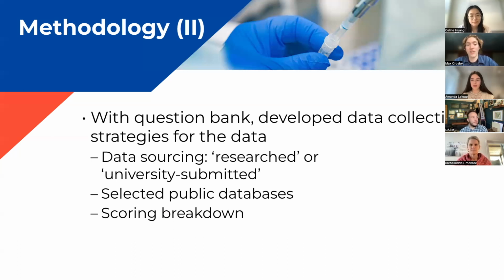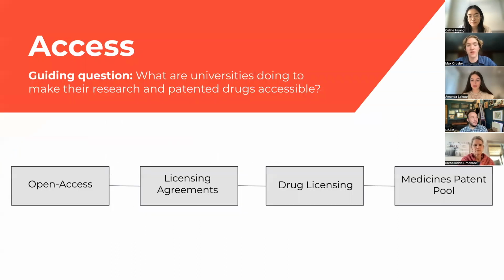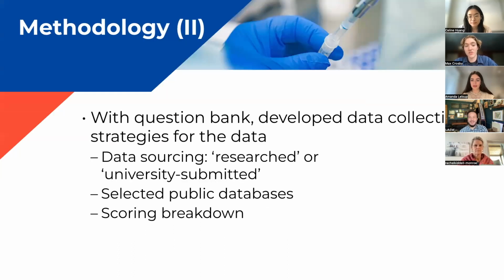Once we established a data collection protocol, we began to focus on how to score each question. This involved us defining what actions a university could take that could be defined as exemplary in promoting access to medicines worldwide, as well as defining actions that could be considered sufficient or lackluster. The characterization of these actions involved evaluation of leading universities and organizations and their own contributions to access to medicines.